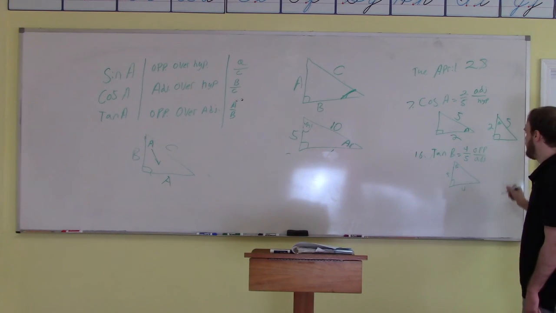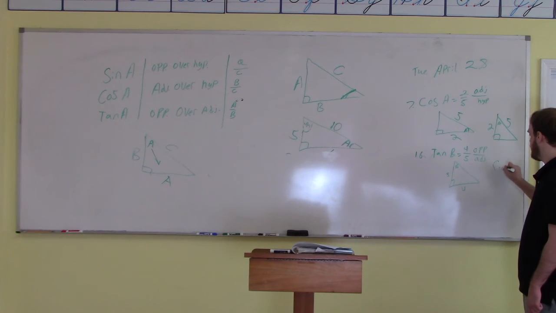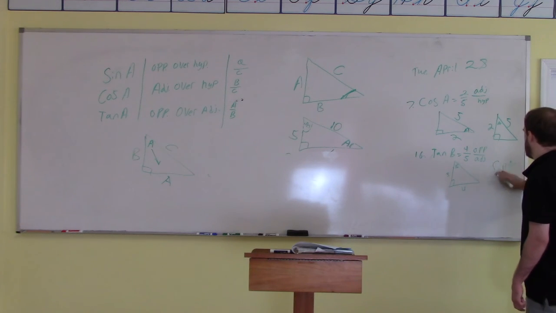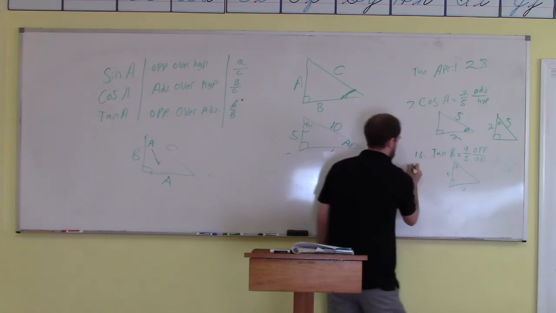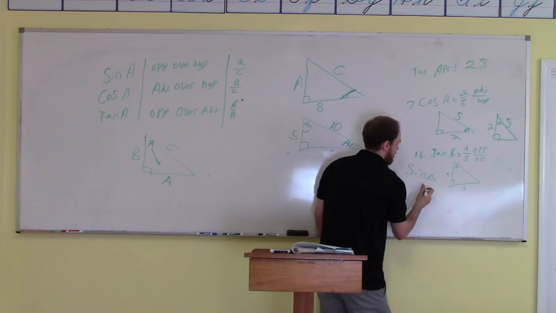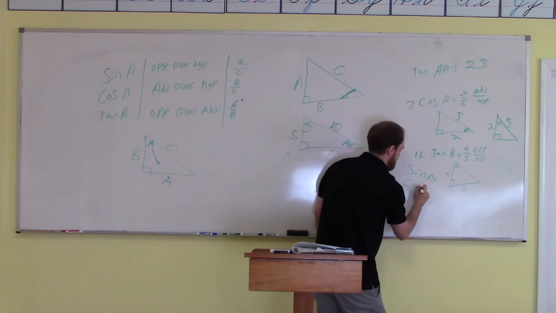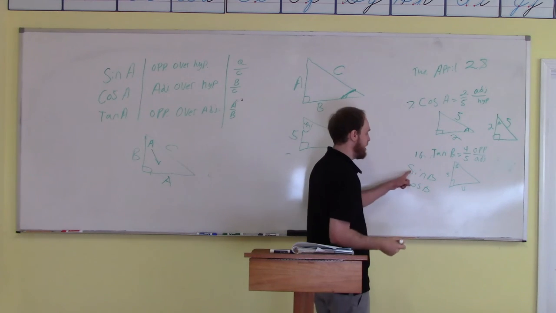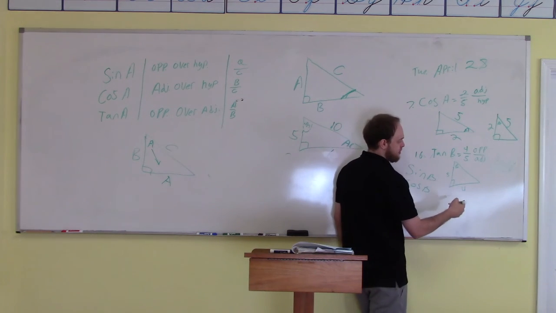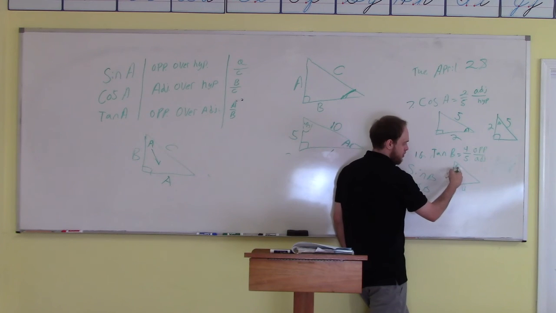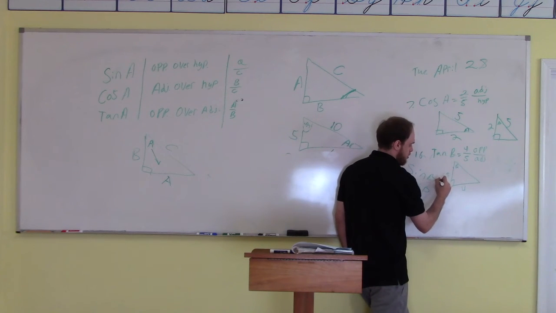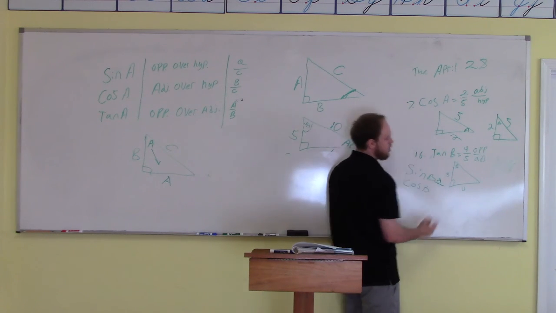And so basically I need to figure out what sine of B is, and then I need to finish what cosine of B is. So sine of B would be the opposite over the hypotenuse. So opposite is 4. So sine of B equals 4 over the hypotenuse.